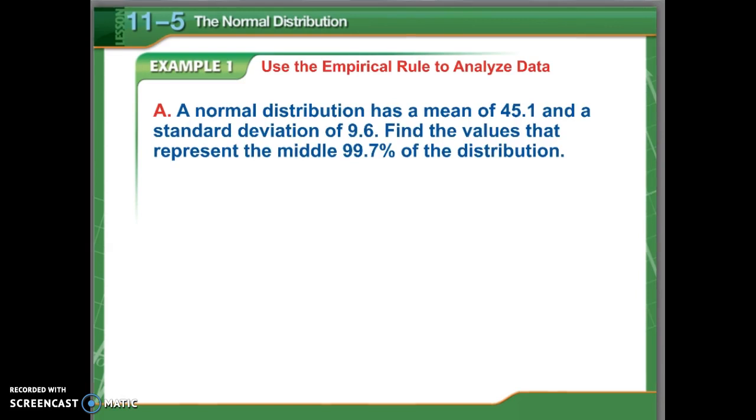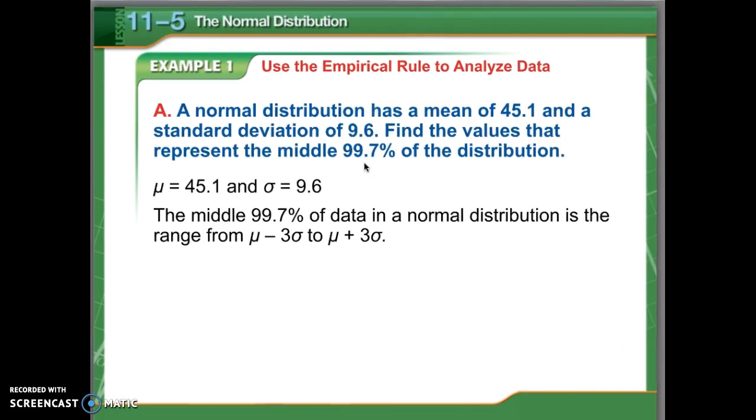So using the empirical rule, we're going to look at example 1. It says a normal distribution has a mean of 45.1 and a standard deviation of 9.6. Find the values that represent the middle 99.7% of the distribution. So the first thing that we should think about immediately is that if they say 99.7%, that means 3 standard deviations around the mean.